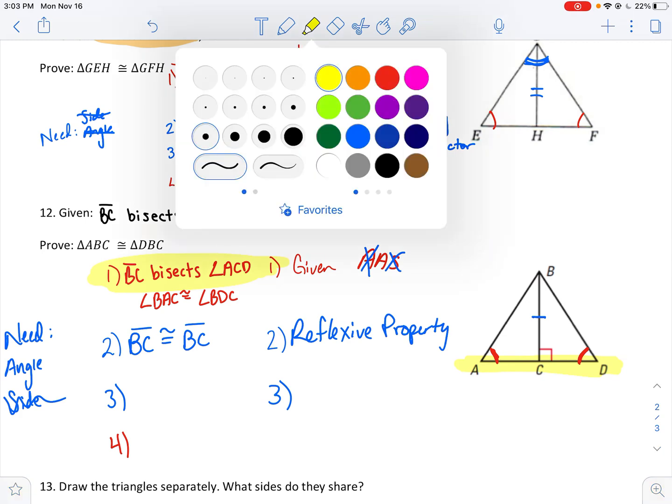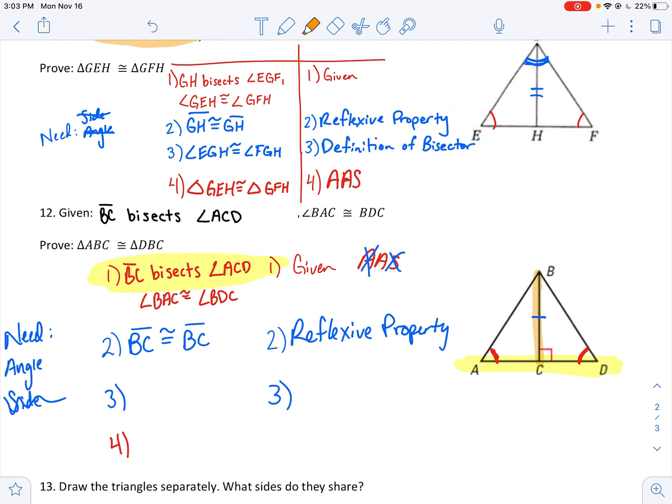And what does it mean for BC to bisect that angle? It means that it cut it in half or into two equal pieces. So what are each one of those two angles that it cut? So the two smaller pieces that add up to make the big ACD, well, that would be ACB and DCB.